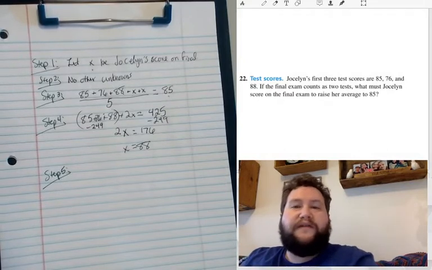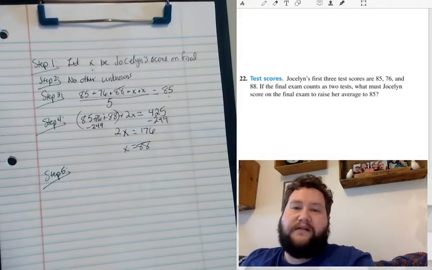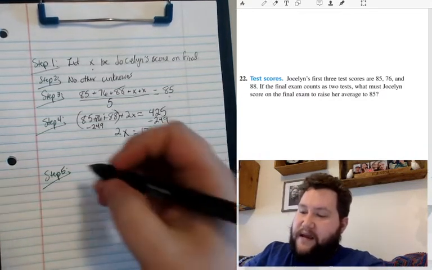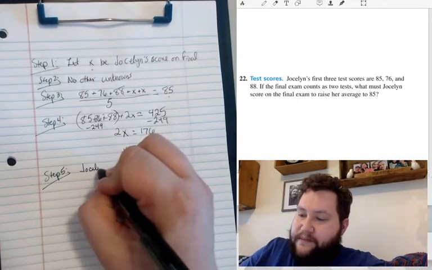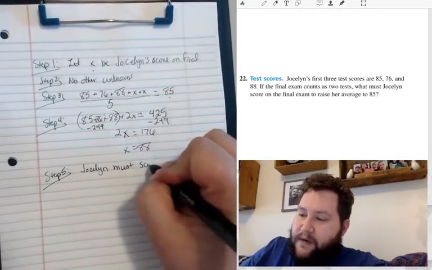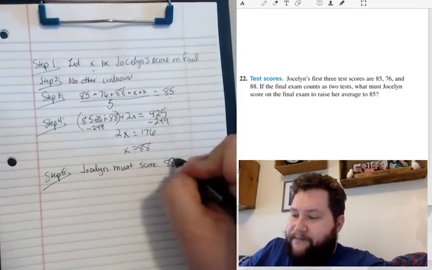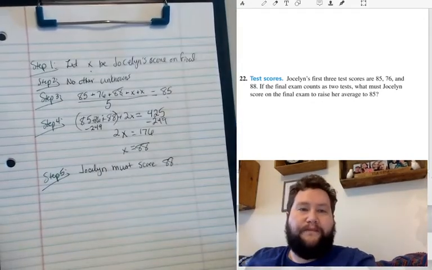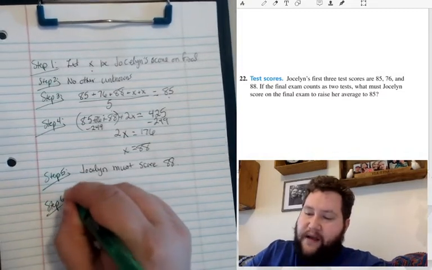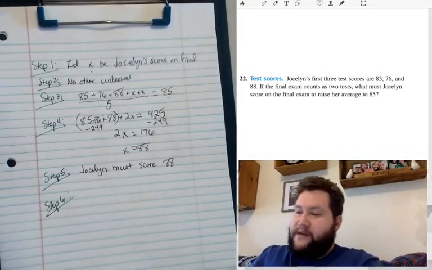The question asks, what must Jocelyn score on the final exam to raise her average to 85? The question doesn't say what is x, so we say Jocelyn must score 88. And then step 6, where we check our answer, we can go back to the original.